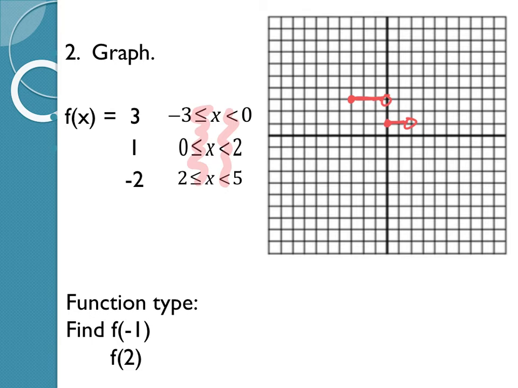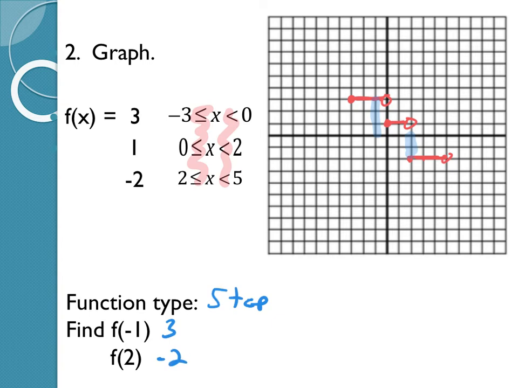We're going to go to 2, enclose it, open 5. Okay, then we're just going to match. So our function of -1, so we're going to go to -1, and that's going to go up to 3. Then we're going to go to 2, and it's going to go to -2. So it's a step function, 3, -2.